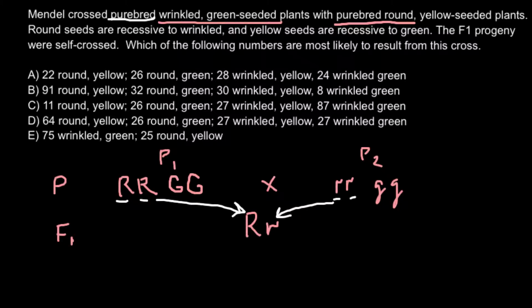As for the second locus, parent 1 can only give capital G, the dominant allele. And parent 2 can give to the progeny only one of these recessive alleles.